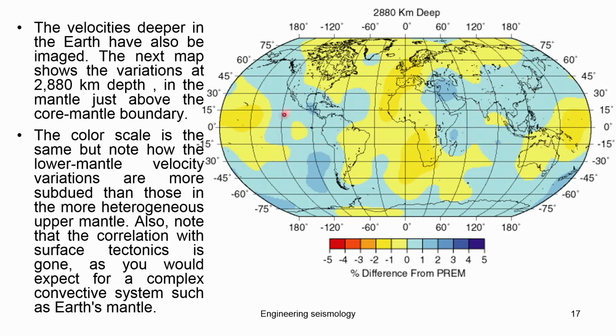In some places the differences are large and in some places negligible. For example, here it is uniform: Sri Lanka and India are the same, but between Sri Lanka and this one there is a joint. Here you can see Australia has three types. The difference is large even at 200 kilometers deep.